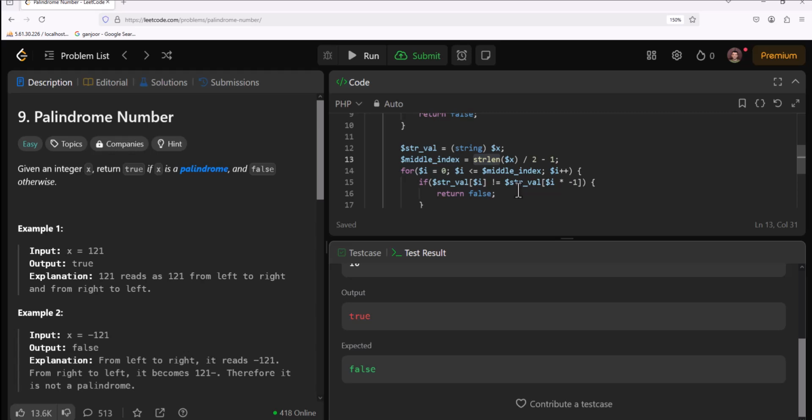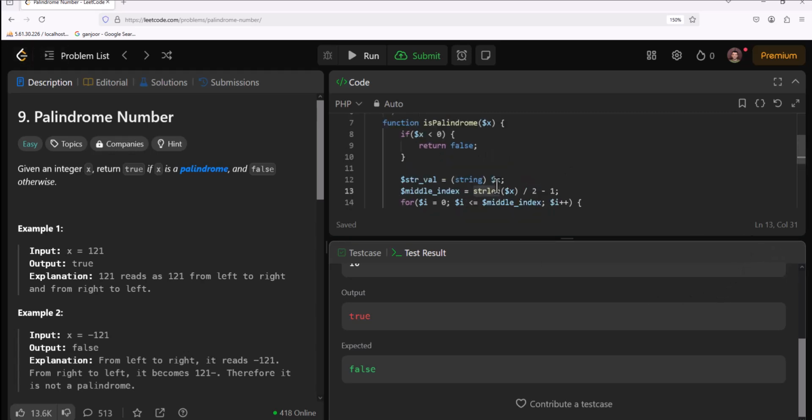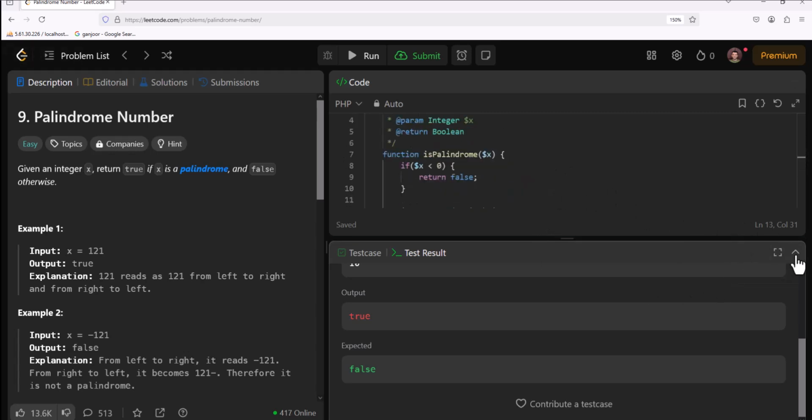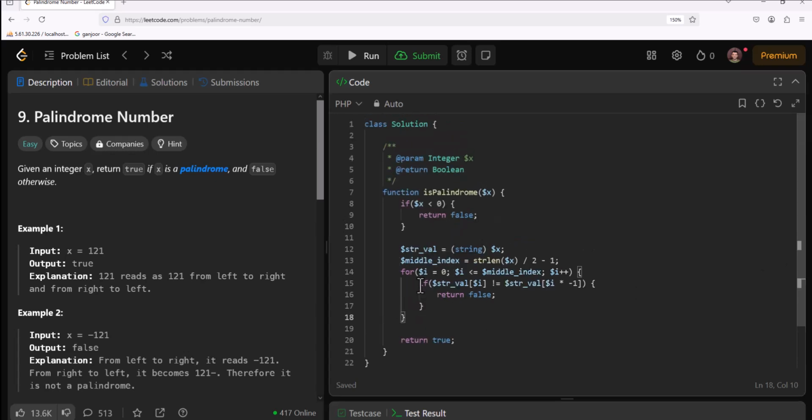Because it's only until the middle. How can we solve this?